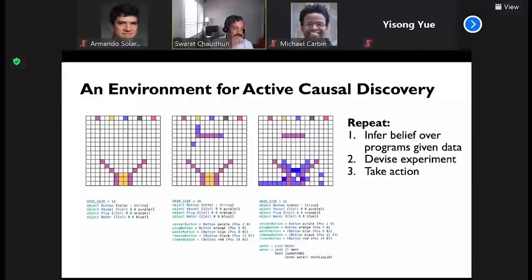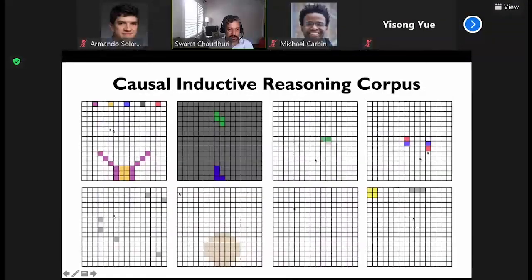You're able to probe this scene, and that's an action that leads to new things happening. So there is an environment that is getting updated as a result of your actions. And so humans are able to figure out, of course, cause and effect from this kind of exploratory play. But can we explain how all of this happens using a computer program, using machine learning, neurosymbolic machine learning? That's one of our objectives.